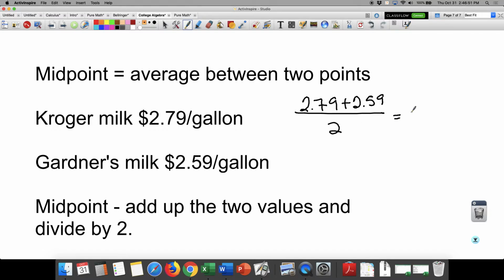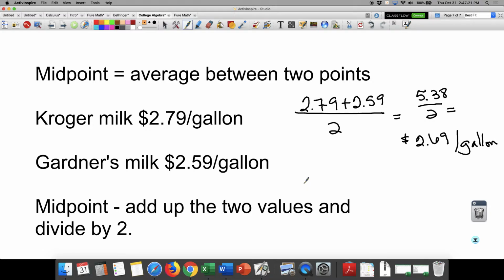And this is going to give you your average that if you were working on a budget, so that's going to be 5.38 divided by 2. So you're going to pay on average $2.69 for every gallon of milk you buy. So you know if you buy 4 gallons a month, you need to multiply that by 4 so you can set a budget for that.